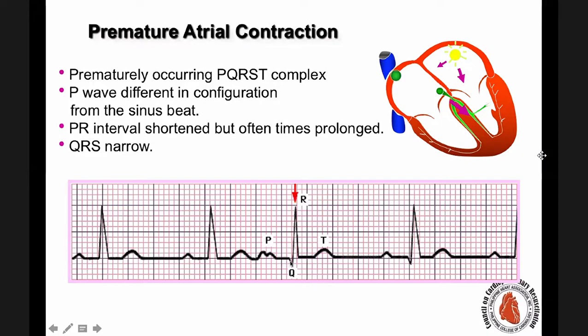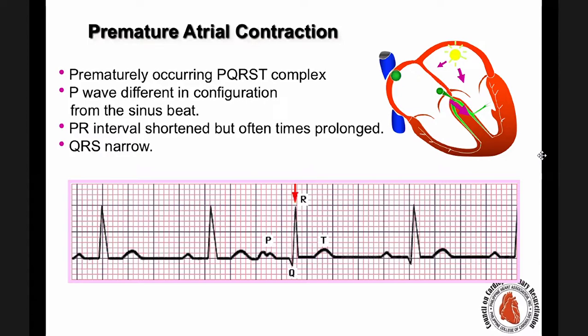So that's an example. Now, the QRS complex is narrow because the electrical impulse is coming from the atrium and it has passed through the AV node, bundle of His. So sa Purkinje system pa rin siya dumaan, and that's why it's a narrow complex QRS. Okay?